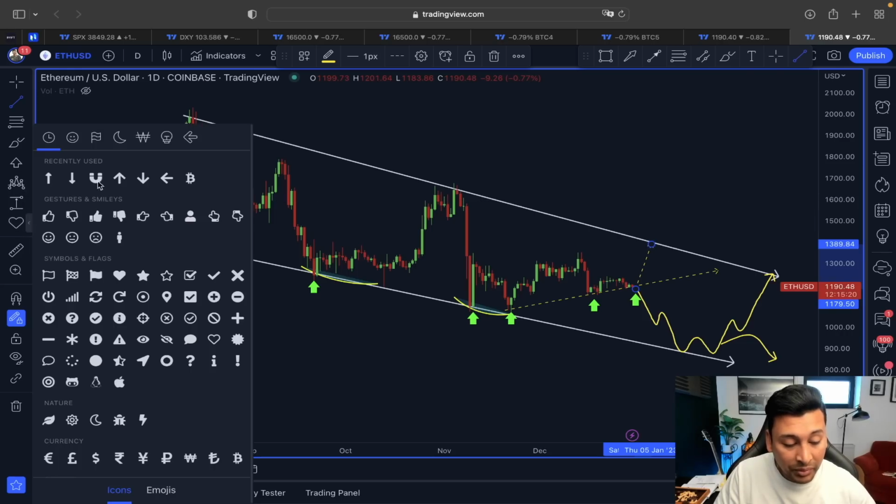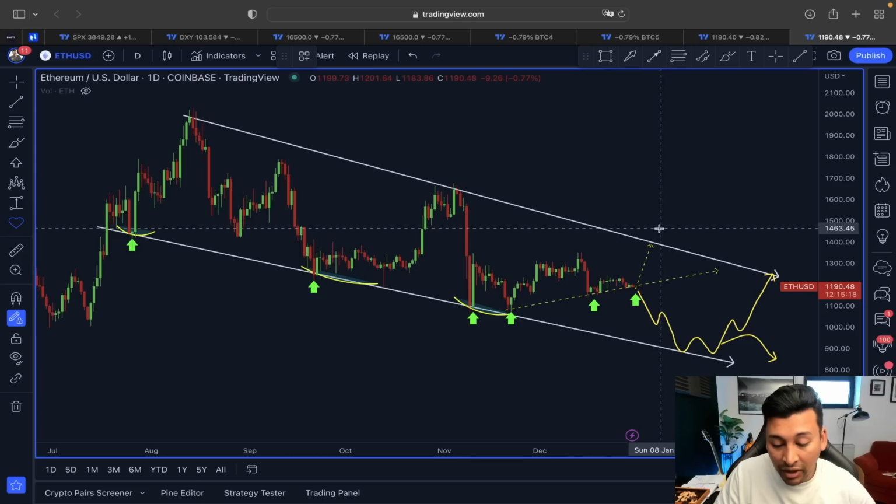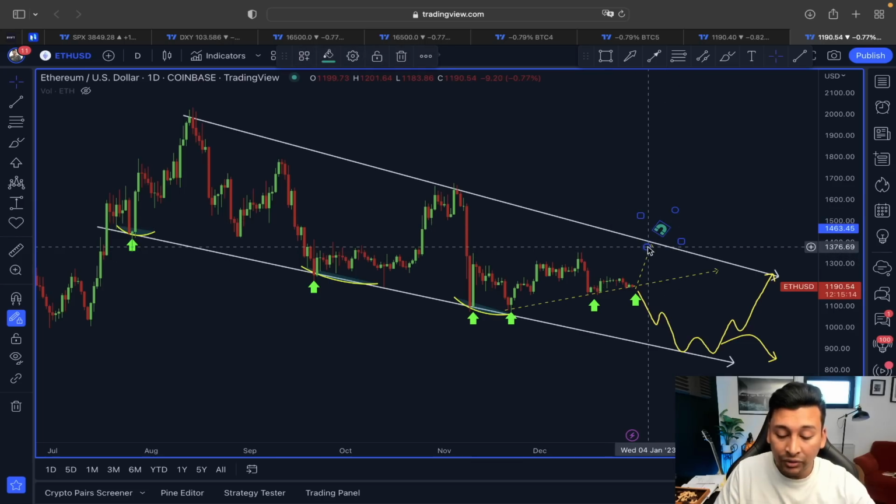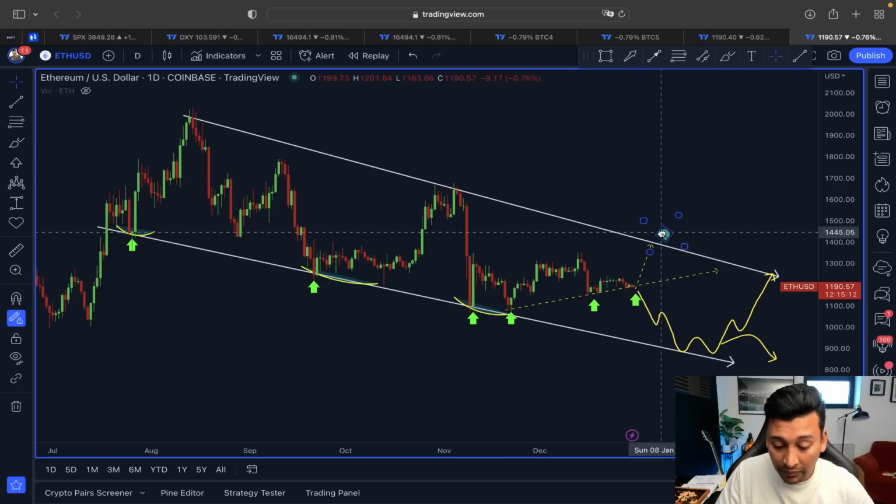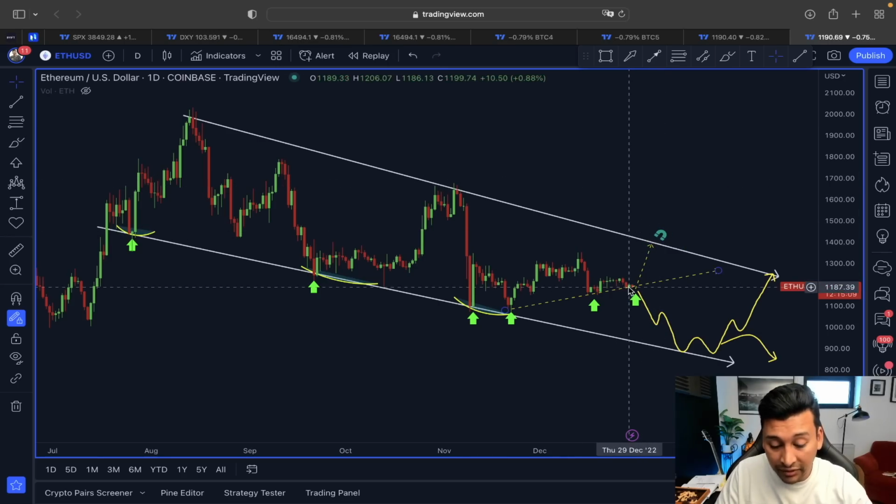I mean, price could be getting attracted around the upper line area for Ethereum, which is around 1370, 1400, if we get lucky. But breaking this support means another sell off here to the downside.